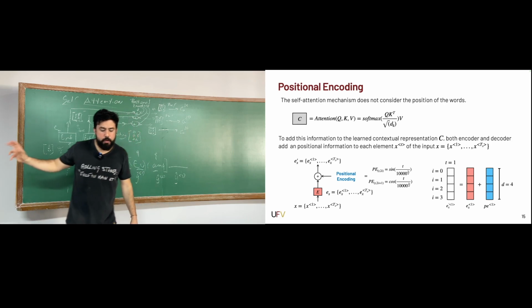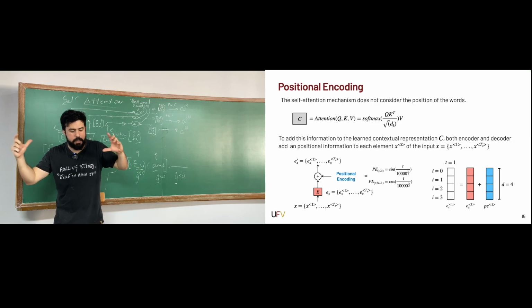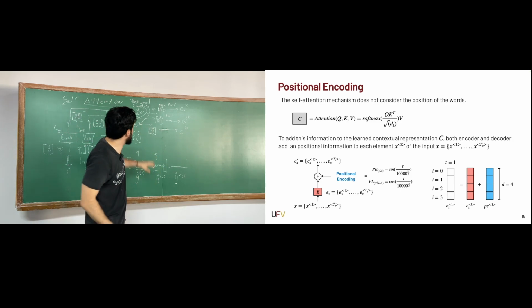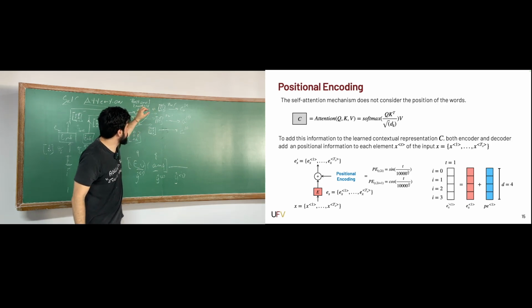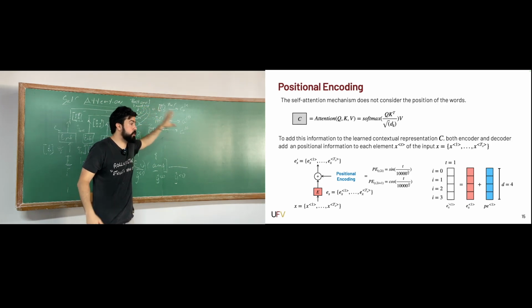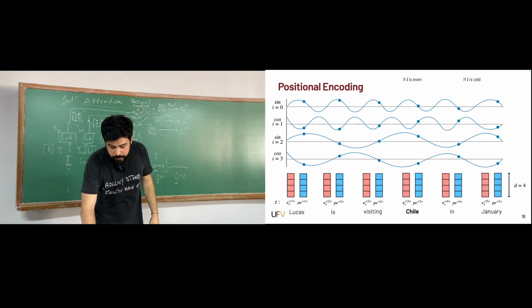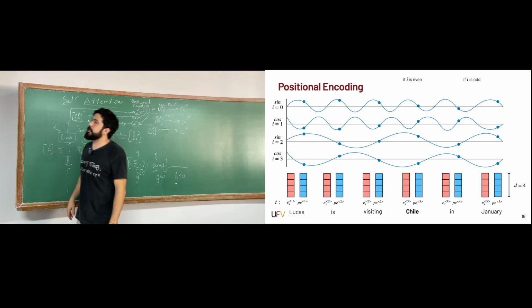So the positional encoding output has the same length as the embedded vector. So if your embedding matrix produces vectors of dimension 3, your positional encoding also has to produce 3 values for each index of the vector. So let me show you this visually.